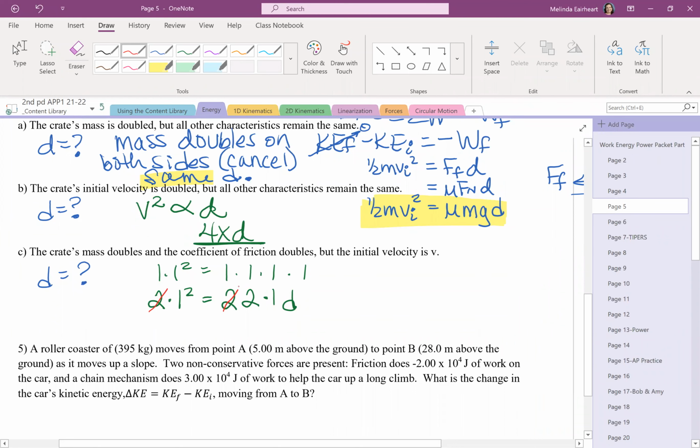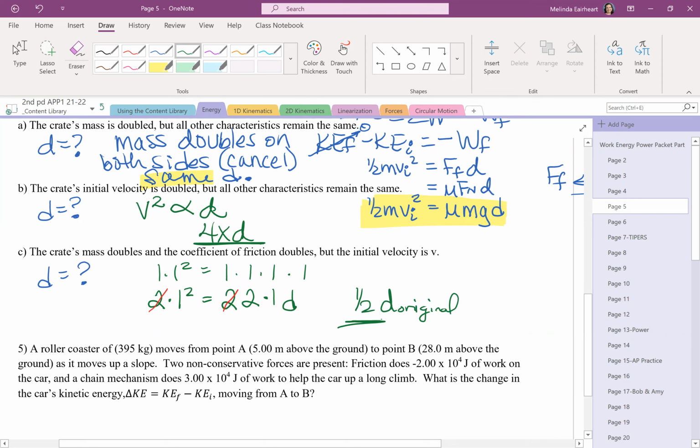So really it's that coefficient. But how far is it going to go if you have more friction, a rougher surface at the same speed? It'll go how much less? Half. And so you'd have half the original distance.